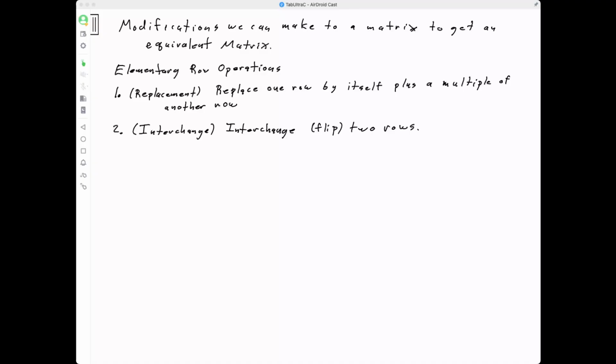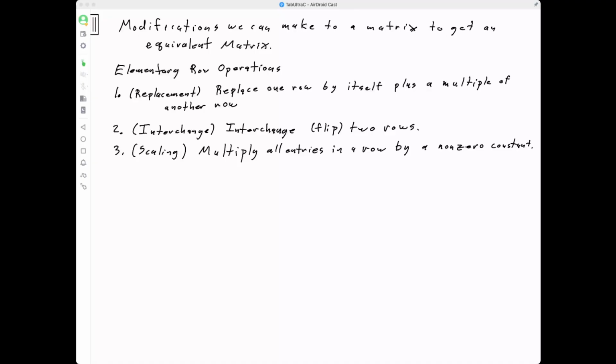The third one that we can do is called scaling. And what scaling is, you can multiply all entries in a row by a non-zero constant. So what do we mean by a constant? Well, a constant is just a mathematical way of saying a number that doesn't have a variable involved.